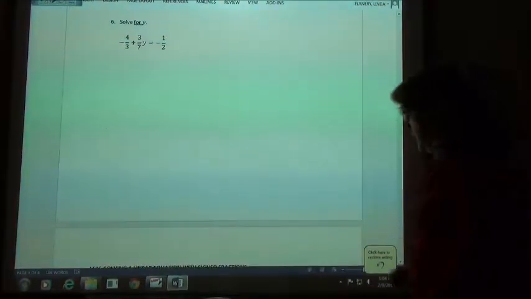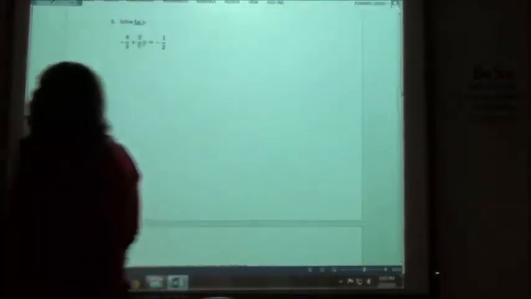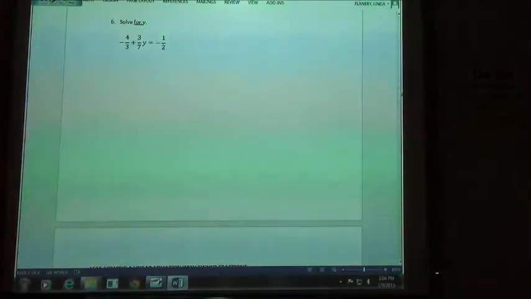So, number 6. We have negative 4/3 plus 3/7 y equals negative 1/2. 3, 7, and 2 don't have anything in common, right? So we just end up having to multiply them all together. What do we get? Multiply them all together? Yep. 42.